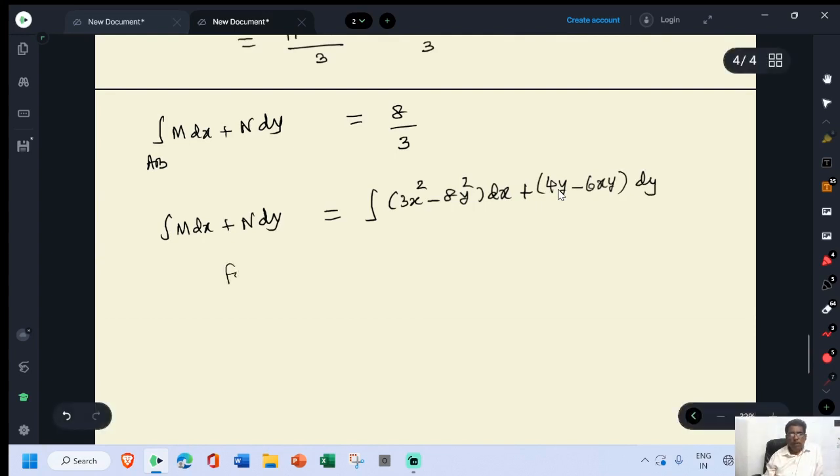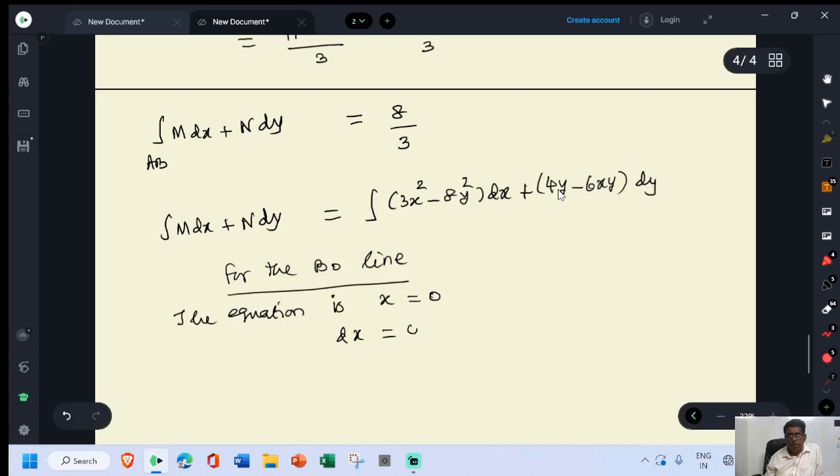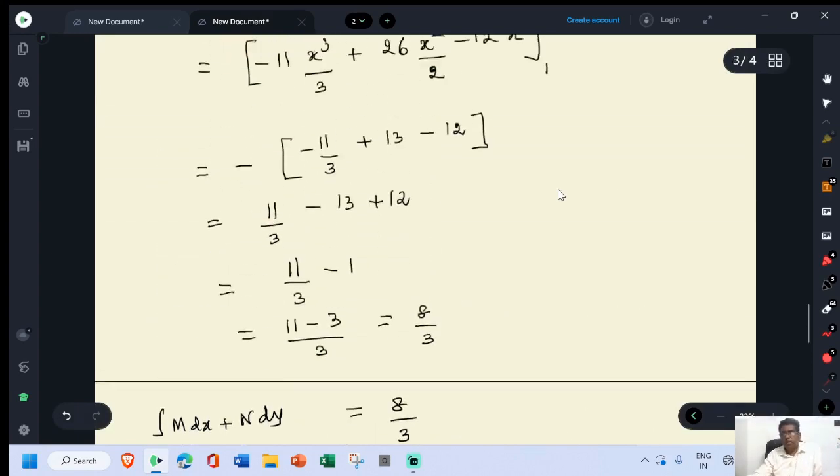Now for the BO line, the equation is x equal to 0. Therefore, dx equal to 0. See this BO line?